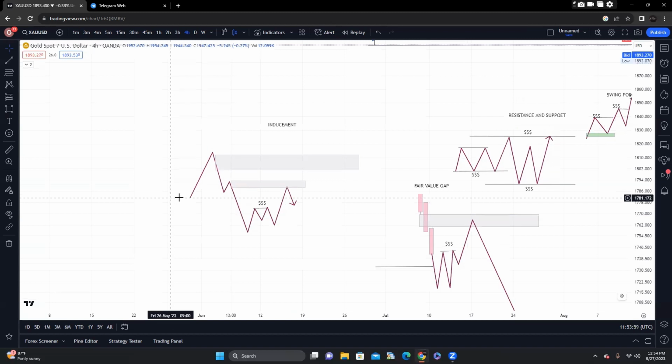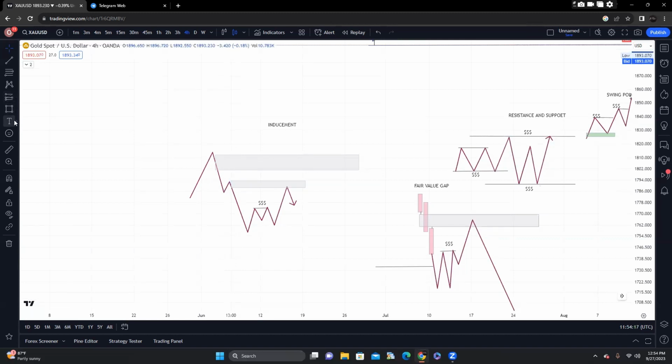So what happens is that the pattern of the market induces you to get into a sell from this other block, where we also have maybe some areas of liquidity around here, and then you are induced to take a trade from here.